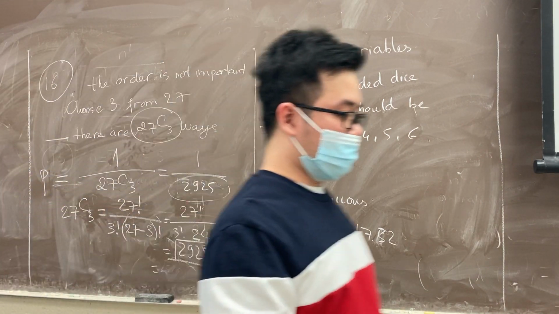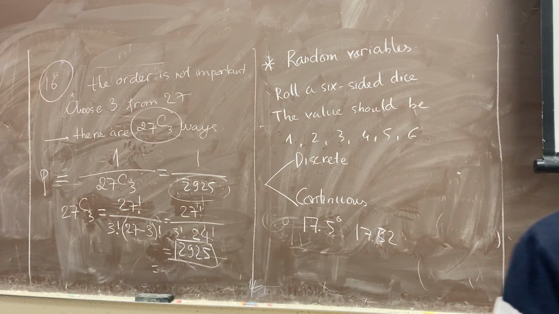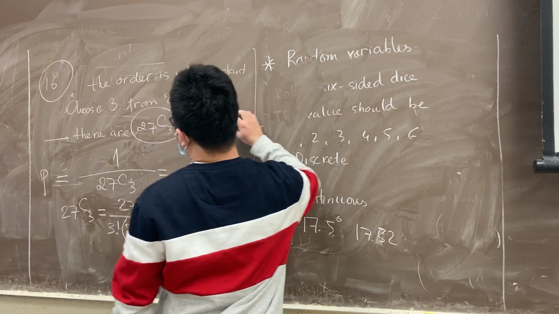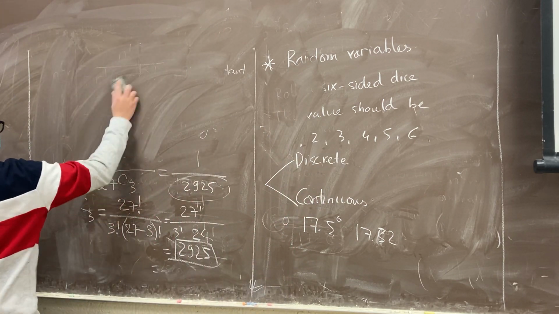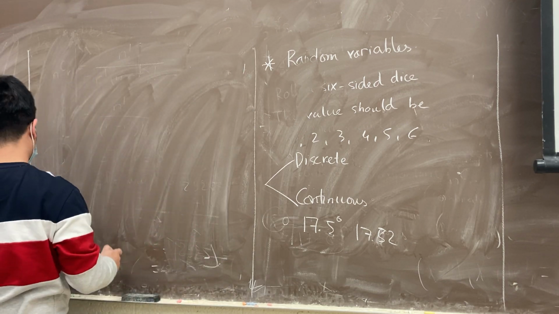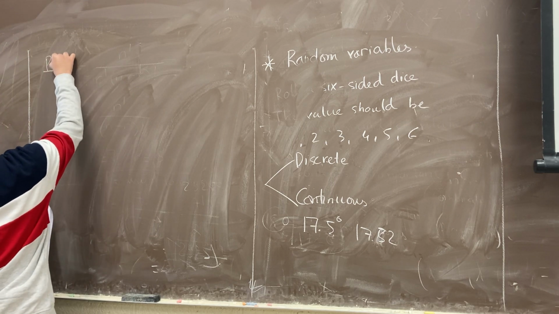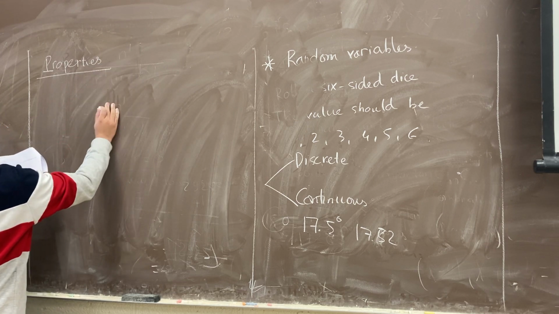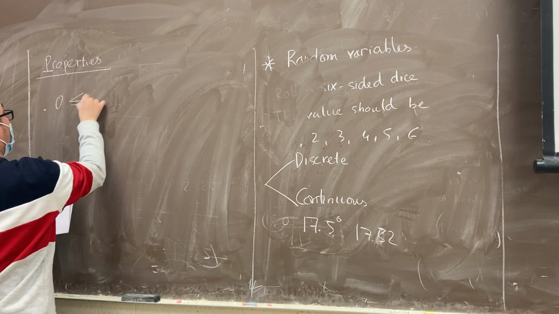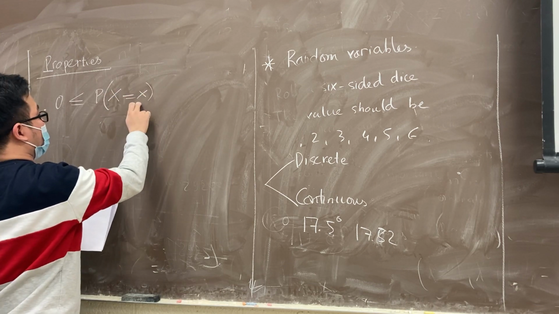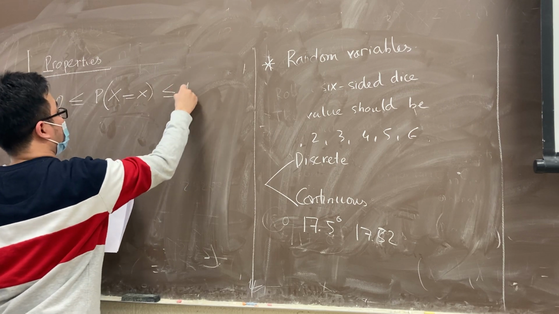Okay, so that's the definition of a random variable. We have two properties of a random variable. The first property is that the probability of the random variable equal to some value will be from 0 to 1.